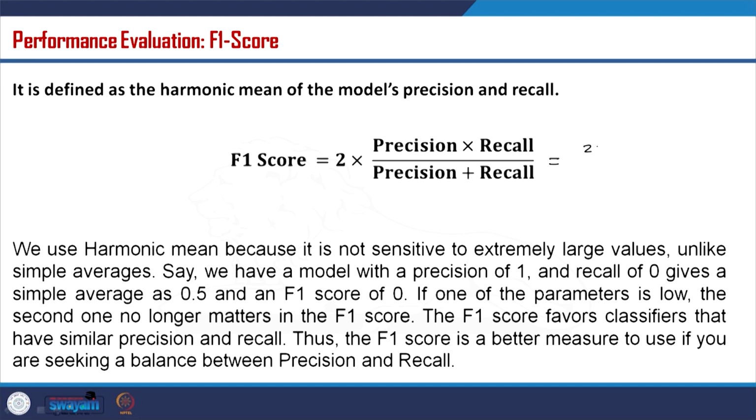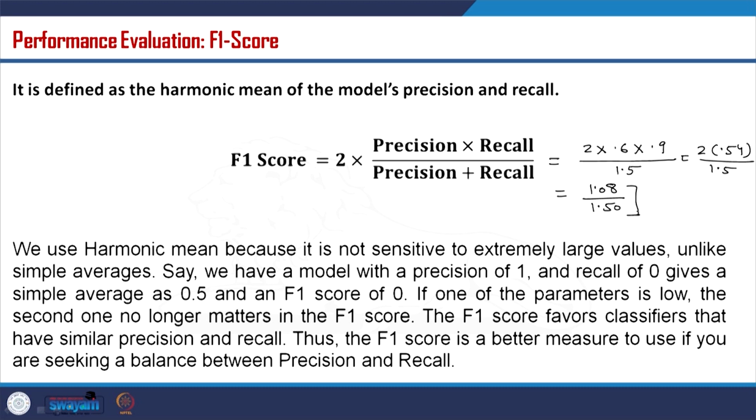In the earlier example, 2 into 0.6 into 0.9 upon the sum of precision and recall, which is 1.5. So, it becomes 2 times 0.54 upon 1.5, that is 1.08 upon 1.50. This is the F1 score here.